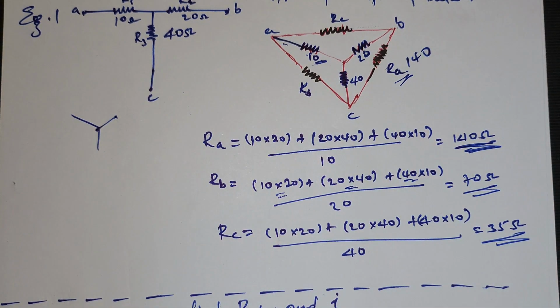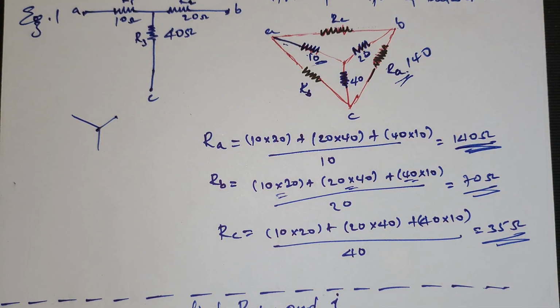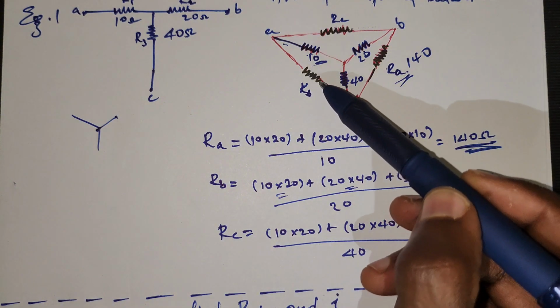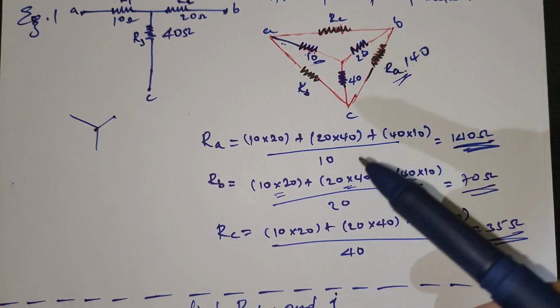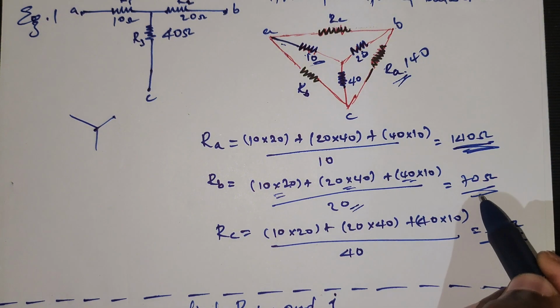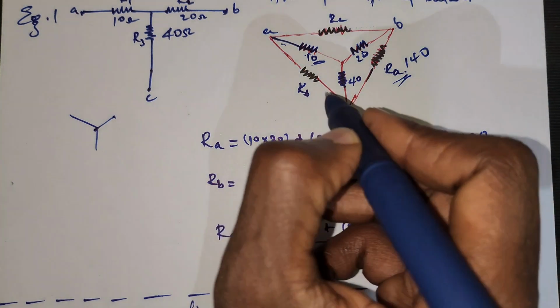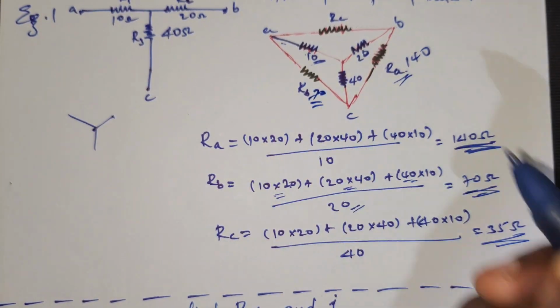By the way, the numerator is common for all corresponding delta resistors, and the denominator is the opposite resistor. So for RB, the opposite resistor is 20, the numerator is the same, so divided by 20, the result is 70 ohm. So RB is 70 ohm.